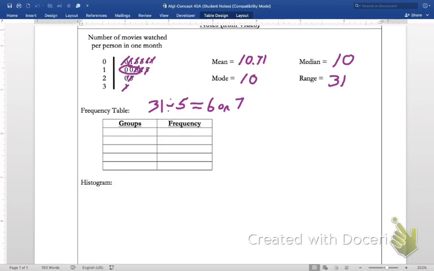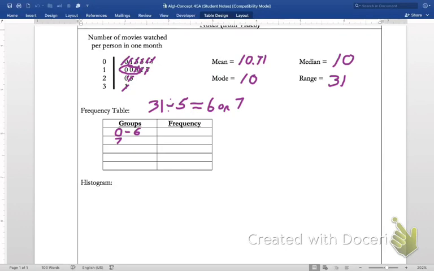So to make a group frequency table, this is what I do. The first thing I do is I start with my smallest number, 0. And since I'm going to have a width in each group of 6, I'm going to go 0 to 6. Now my next group is going to start with the next number after 6, which is 7.